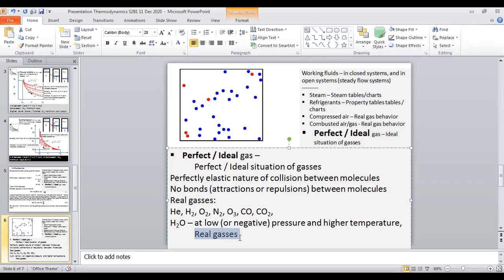H2O can be like a real gas, okay? Real gases, H2O. Low or negative pressure and high temperatures, water also has gas behaviors, and ideal gas behaviors.